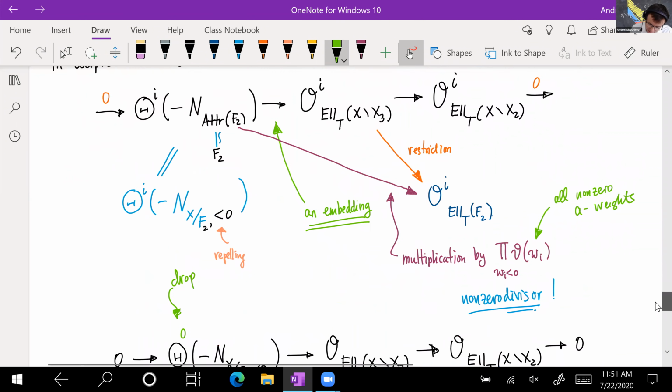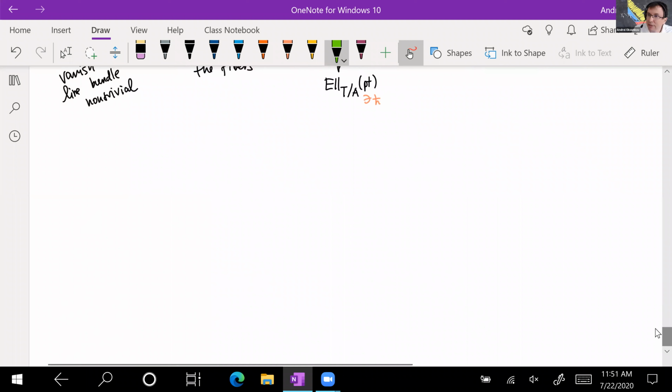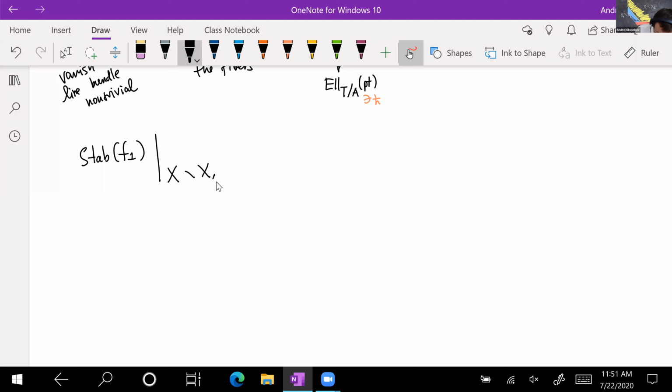I want to construct it, so how would that go? Say of f1, if we restrict it to x minus x1, this is 0. We constructed it there.